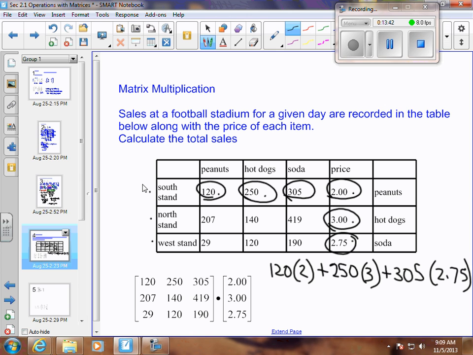Multiplying and adding those numbers together would tell me the amount that the South stand took in, which comes out to be $1,828.75.